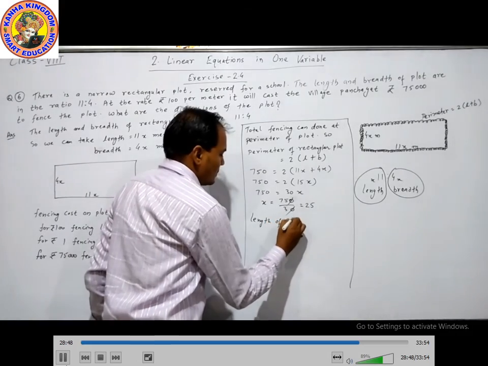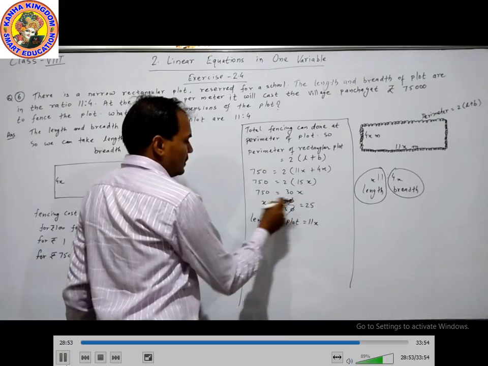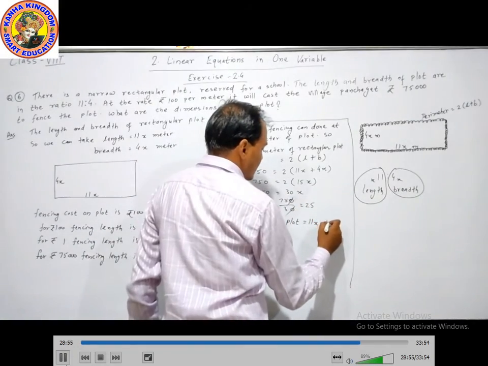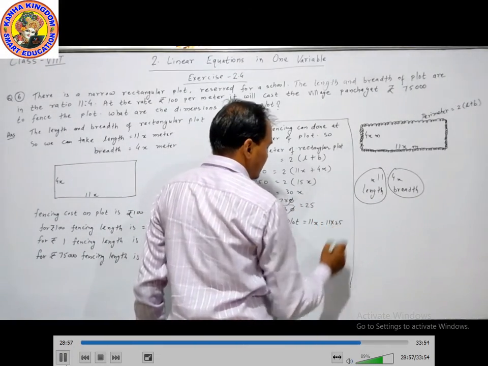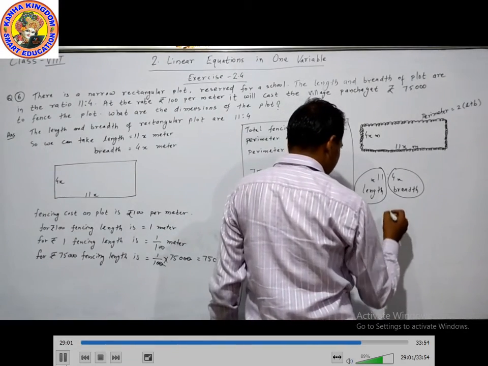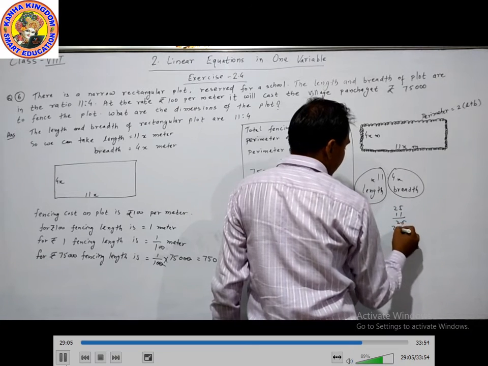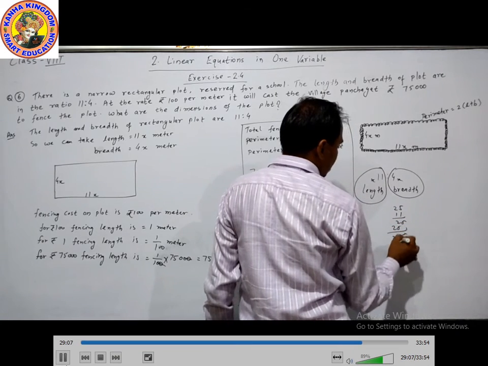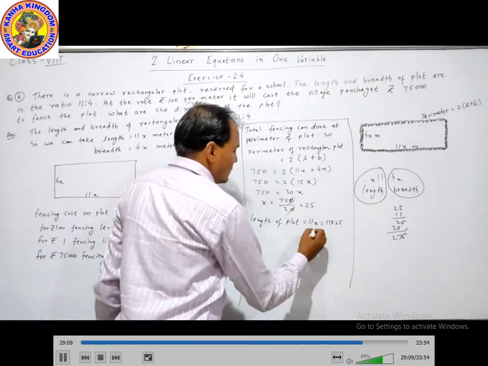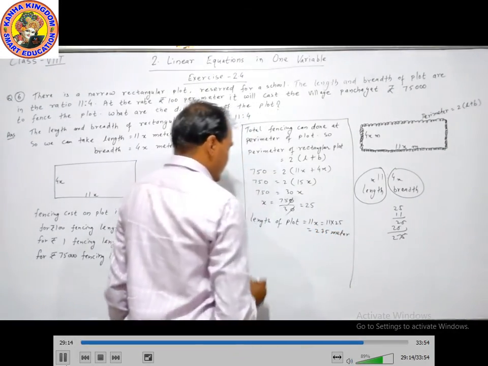What are the dimensions? Dimensions are length and width. Length of plot is 11x. The value of x is 25. 11 into 25 is 275 meter.